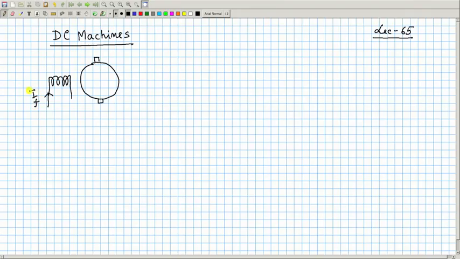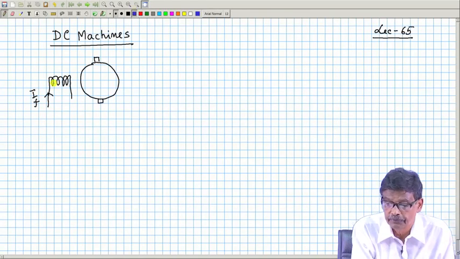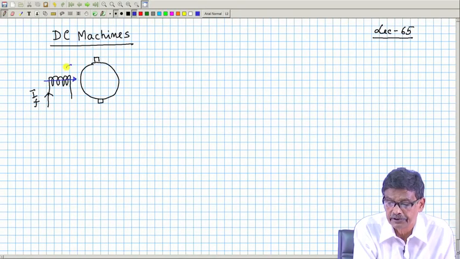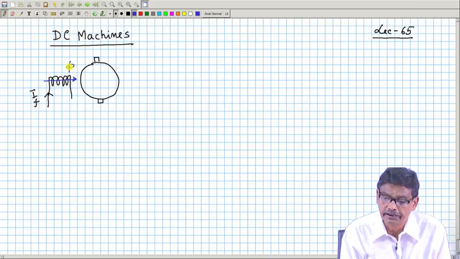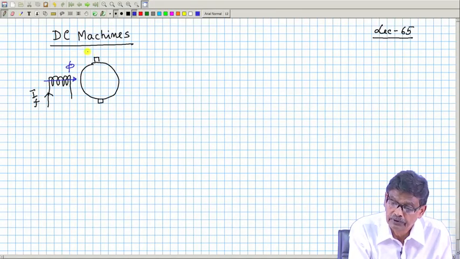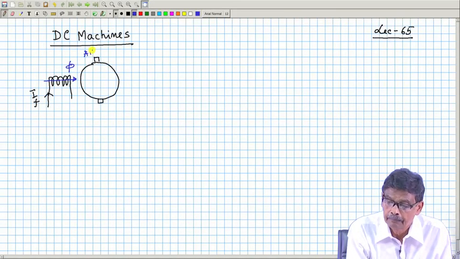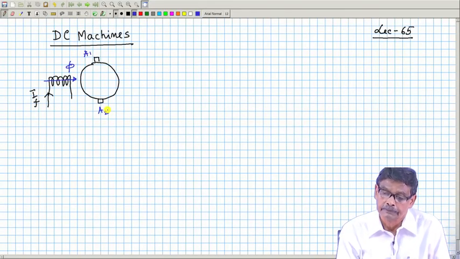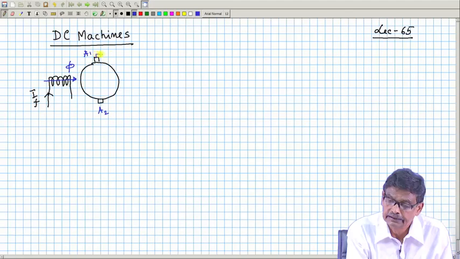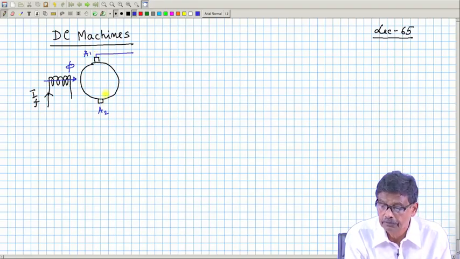And suppose when field current flows like this, the flux produced per pole is in this direction, this is called phi, and these two are armature terminals which will be like this. And these are the four terminals which will be available to us.